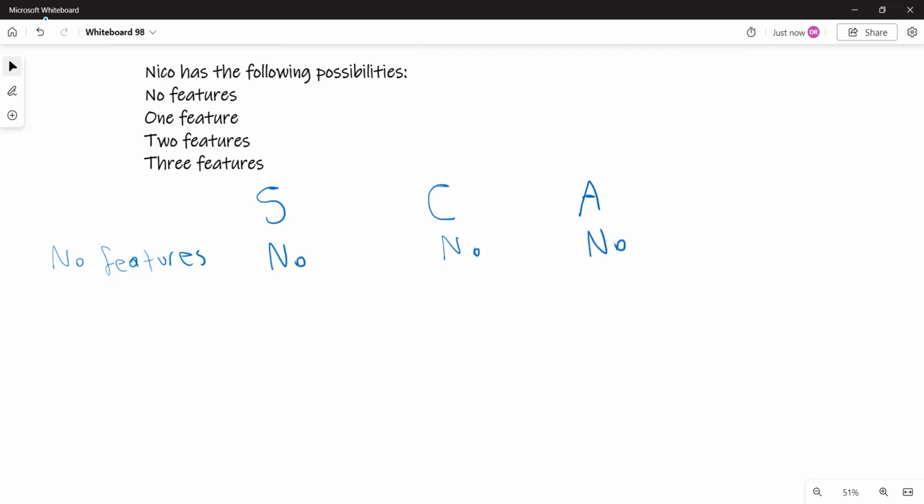If the phone has one feature, that can happen in three ways. That it has one, but not the other two. So I'm going to start with multiple screens, but not the other two.